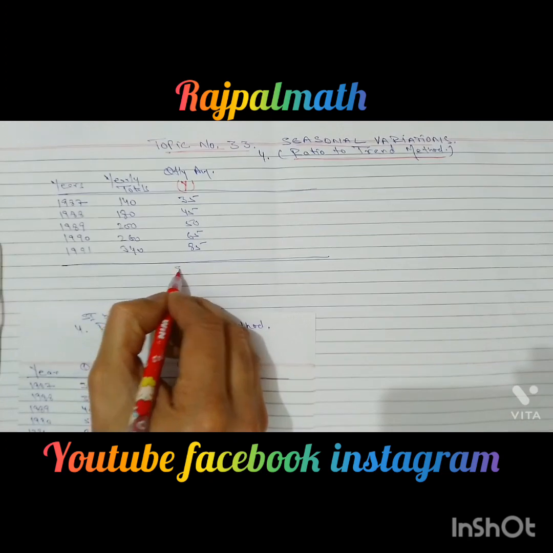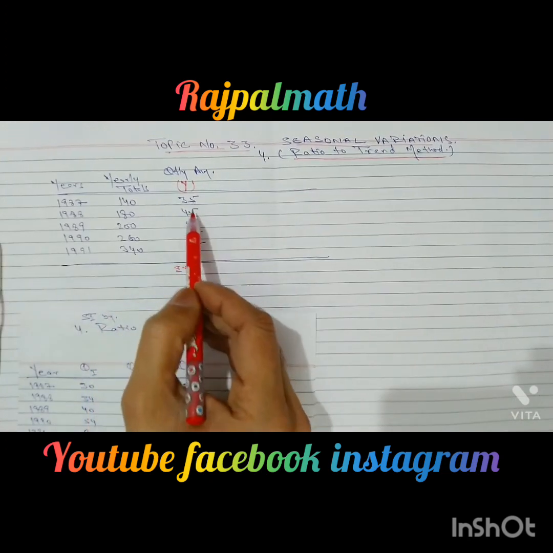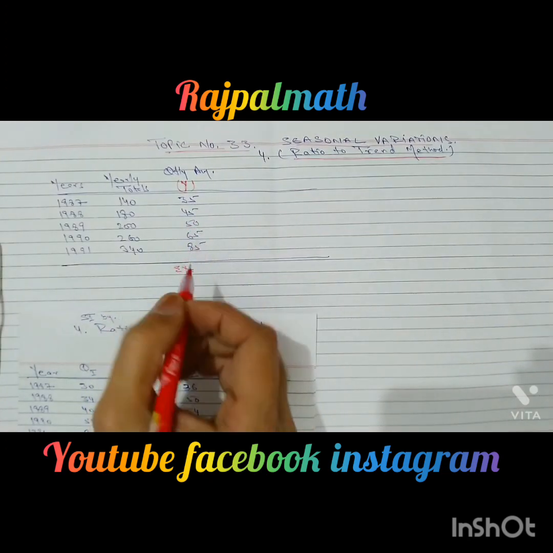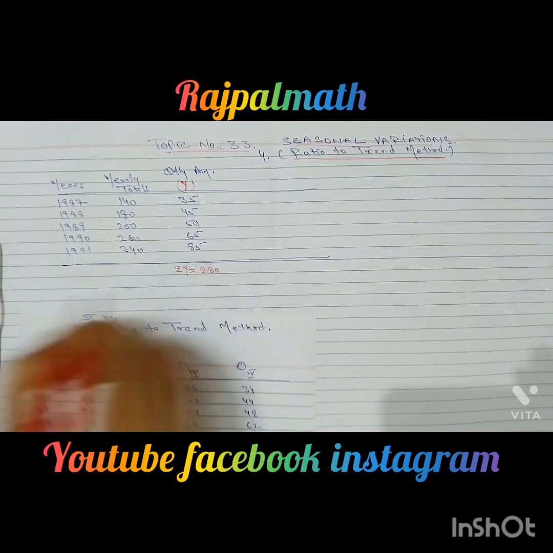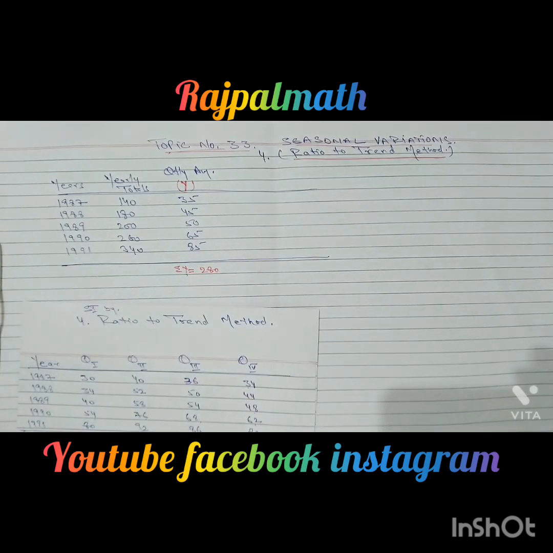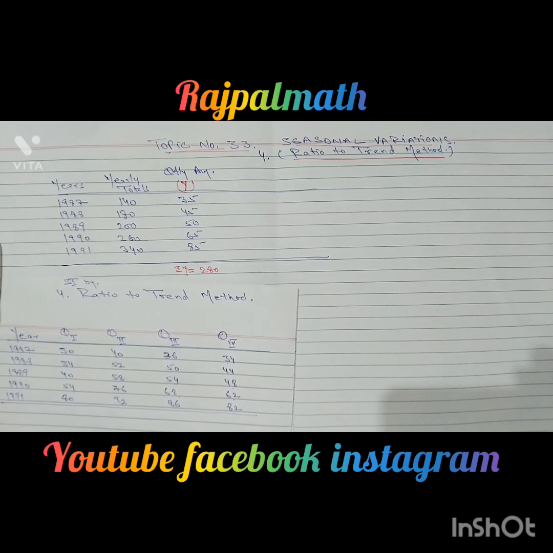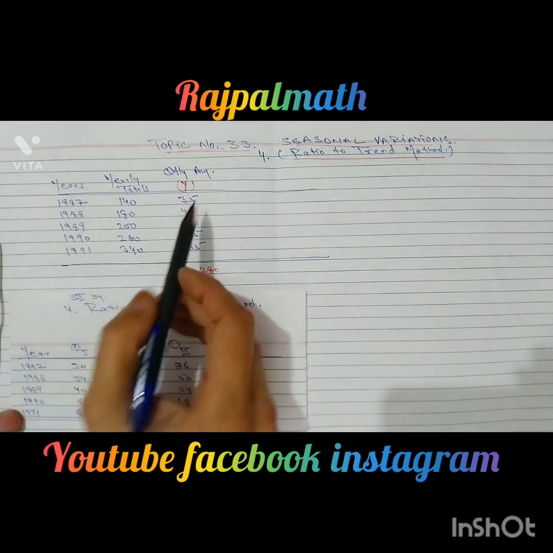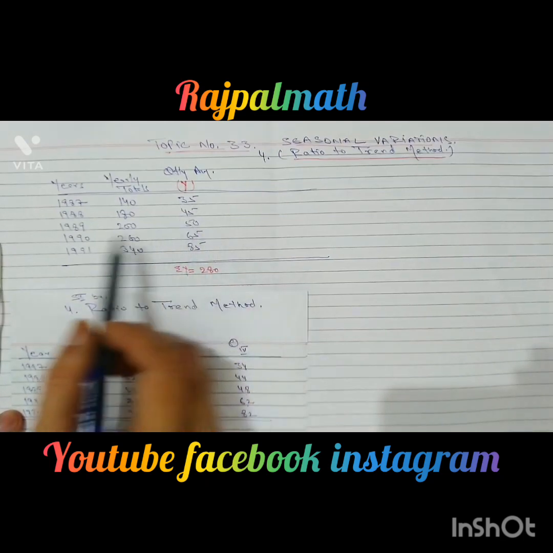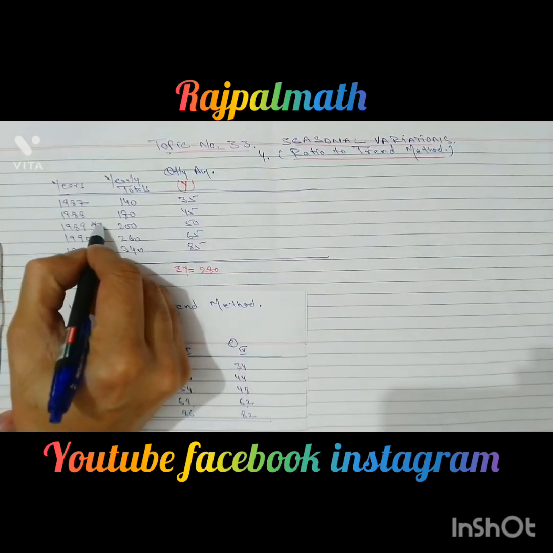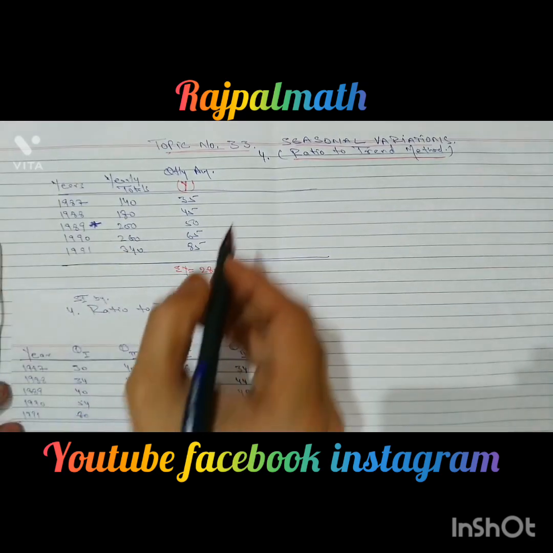Therefore, summation Y equals this plus this plus this plus this plus this, 280. Then deviation from 1989. When the base year is not given, take the middle year as the base year.